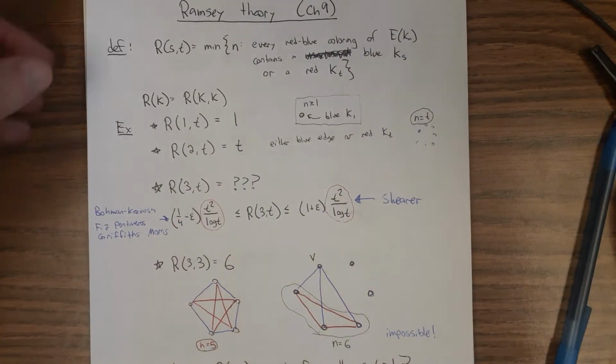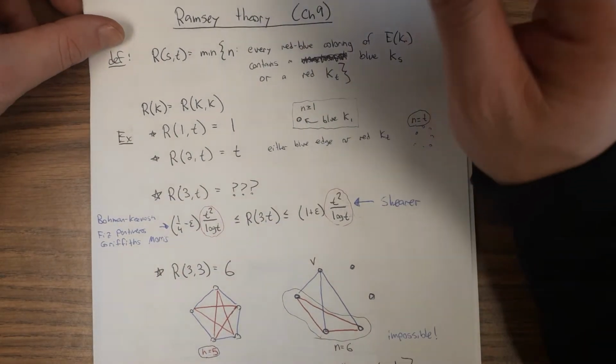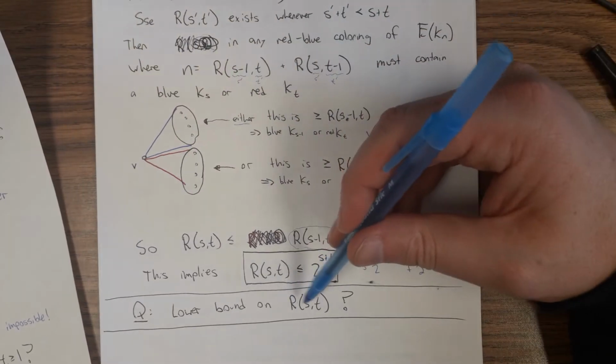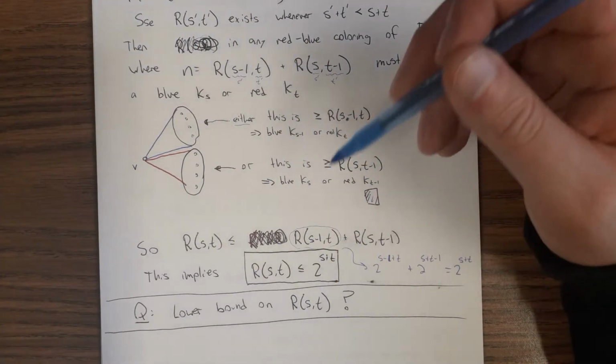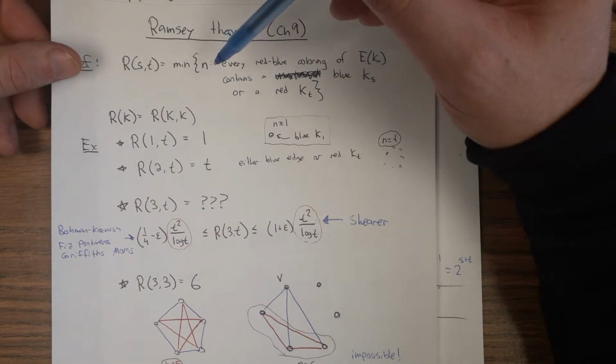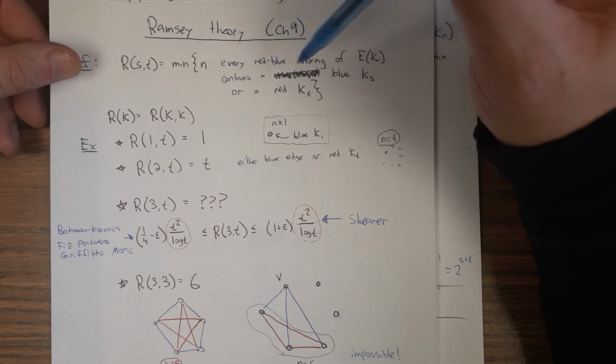Okay, so we're still talking about Ramsey theory, and where we left off is that we would like a lower bound on R(s,t). Let me go back to the definition to talk about what a lower bound actually means.